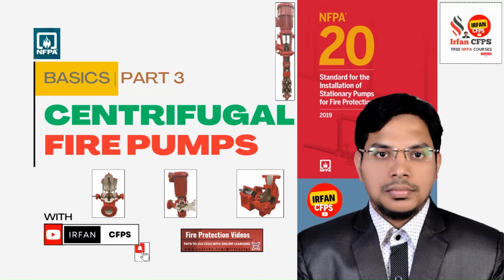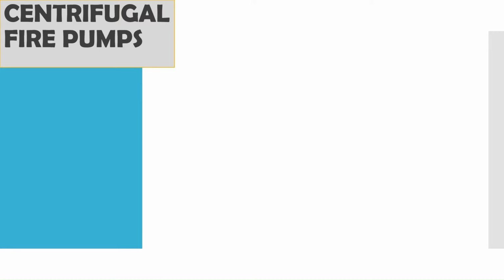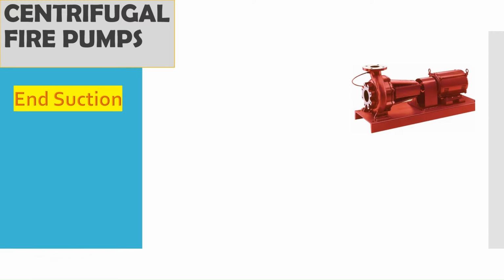So let's get started. First of all, let's talk about the most common type of fire pumps known as end section fire pumps. If you see the figure here, this is called an end section fire pump. It has a single impeller and is designed for horizontal installation.